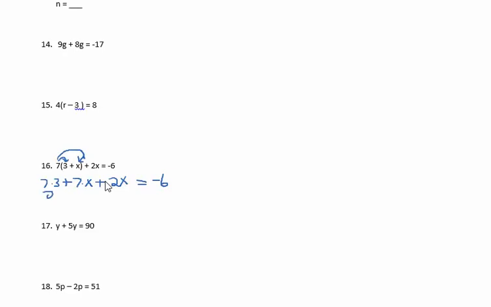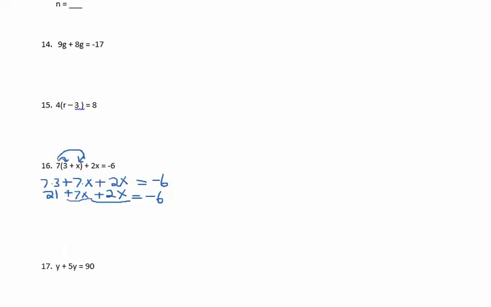So 7 times 3 is 21. 7 times x is just 7x plus 2x equals negative 6. Now I can combine my like terms. I have a plus 7x and a plus 2x. They're like terms, so I can add them because 7x plus 2x is 9x.